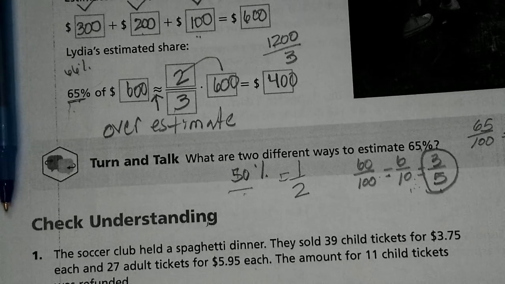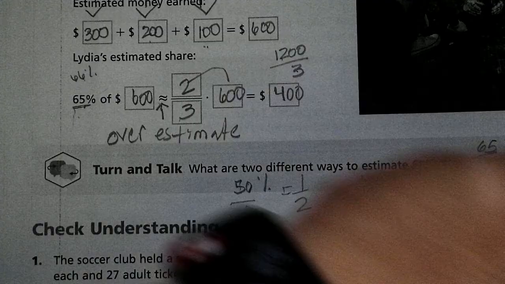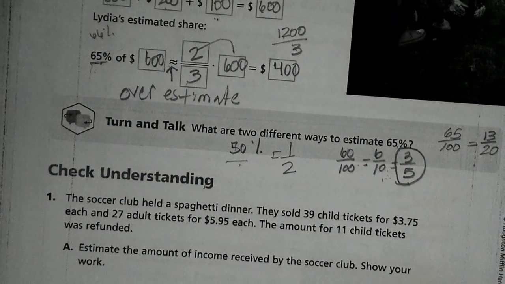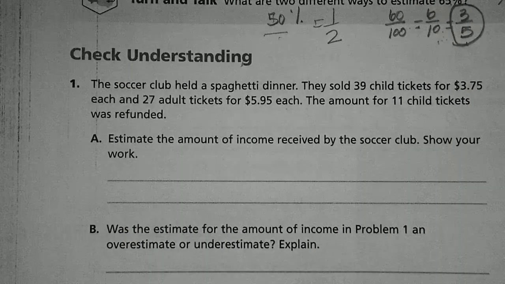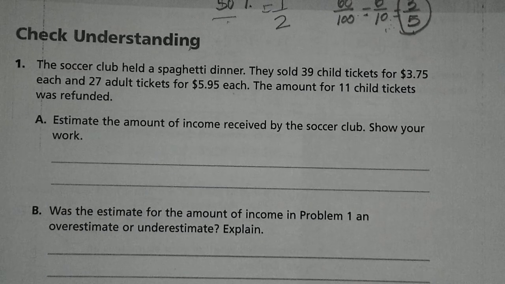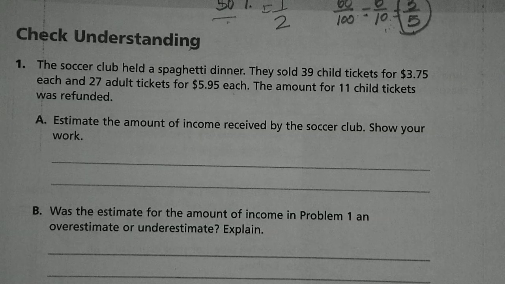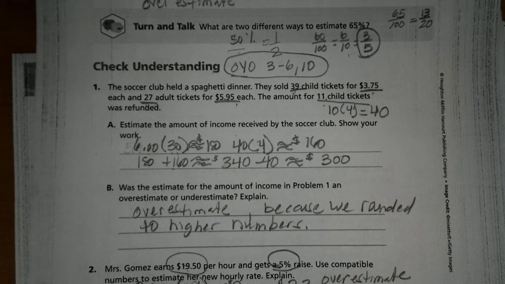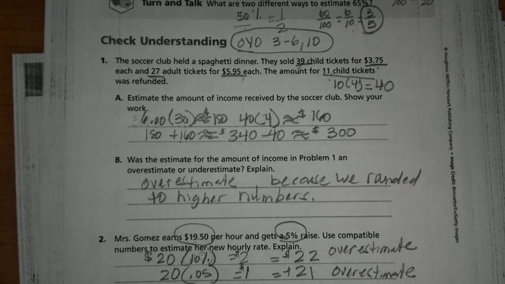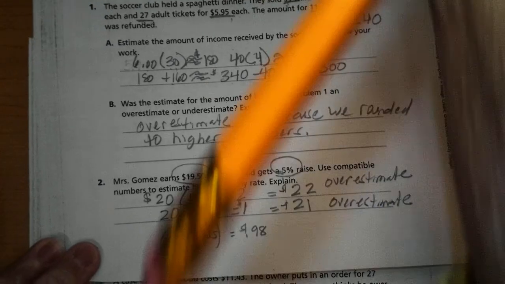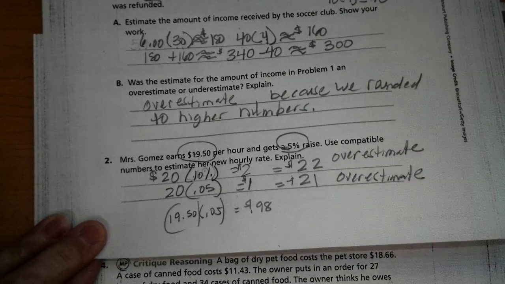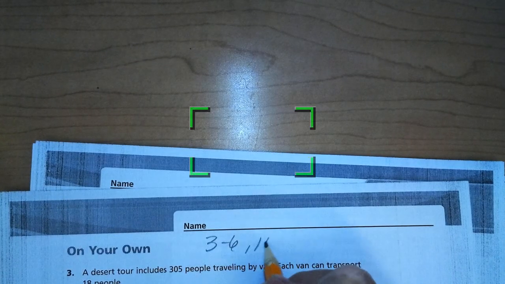All right, so we are to the check understanding. I want you guys to take about 10 minutes, try them on your own, and then we will come back and we will go over them. Once again, 3 through 6 and number 10.